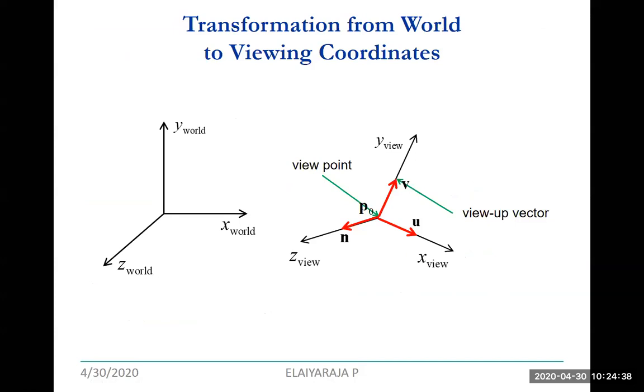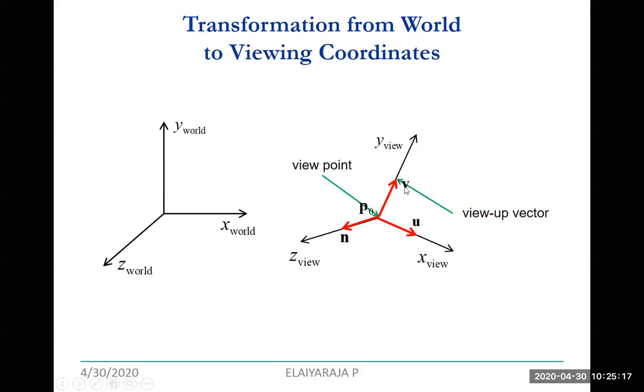So, transformation from world coordinate to viewing coordinate, how does it happen? This is your world coordinate axis mapping, and when you do the transformation from world coordinates to viewing coordinates, what viewpoint are you going to consider? Suppose you consider the viewpoint as z, then what are your up vector and the reference point?